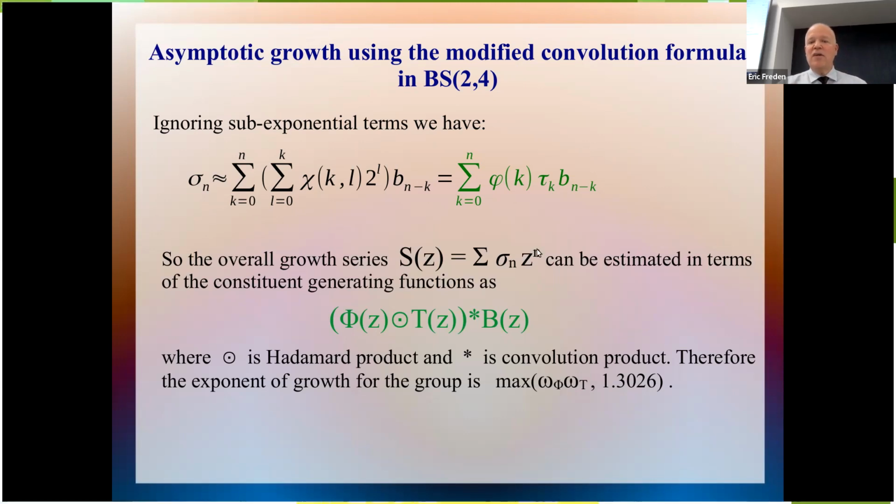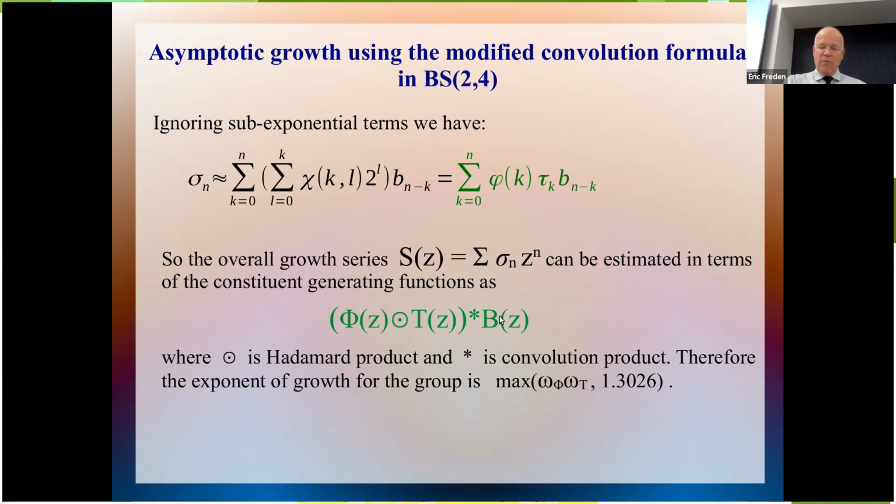If I do the Hadamard-Cauchy root test on this, it's the same as looking at the singularities, which give the radius. For convolution, you take the minimum radius, and for the Hadamard product, you multiply. If I'm doing exponent of growth, which is the reciprocal of the radius of convergence, I want the maximum exponent of growth of this and this.